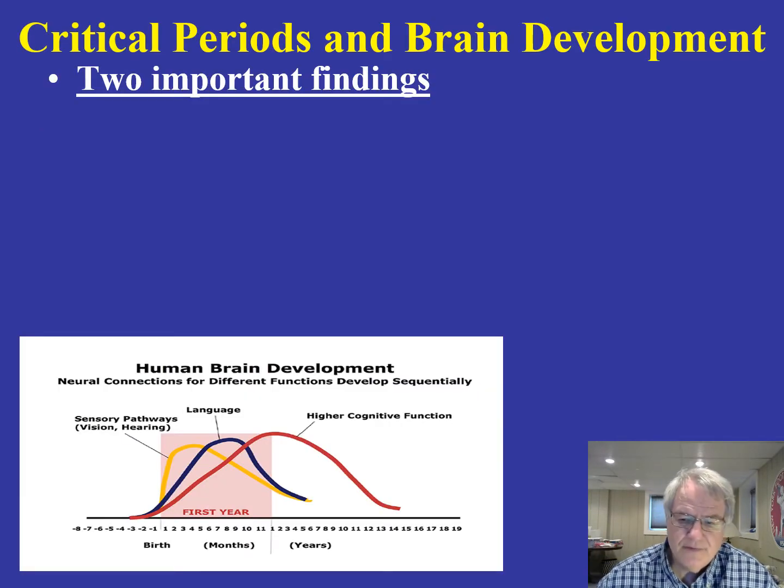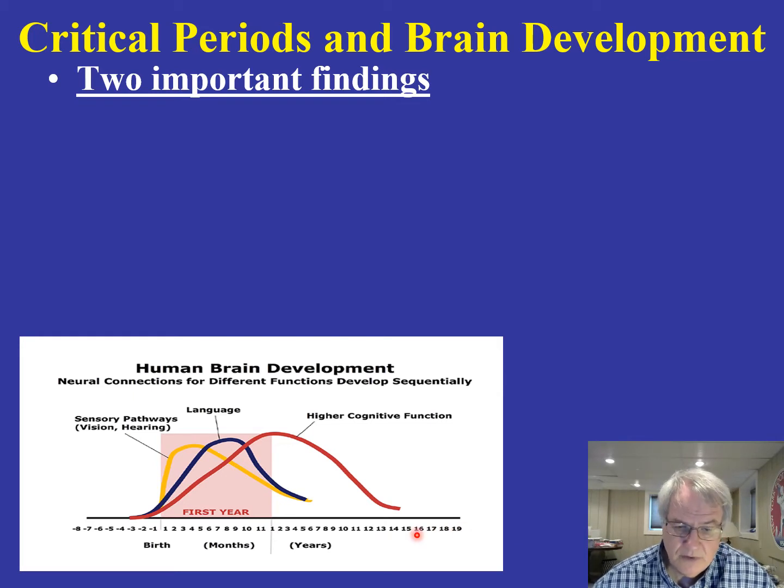So one of the things that we talk about is the neural pathways, the neural connections that are being laid down during early life. If you take a look at this figure on the bottom of the slide, you can see we're talking about prenatal life here, fetal life, and the first year of life, and then the first few years of life up to the teen years.